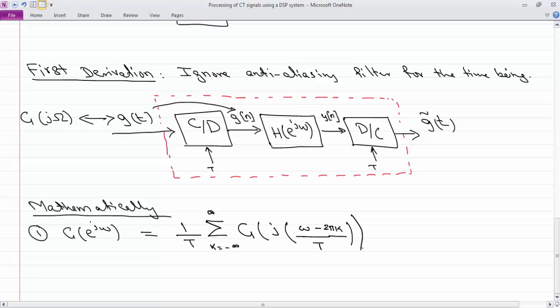Okay. So this is the formula that you get.